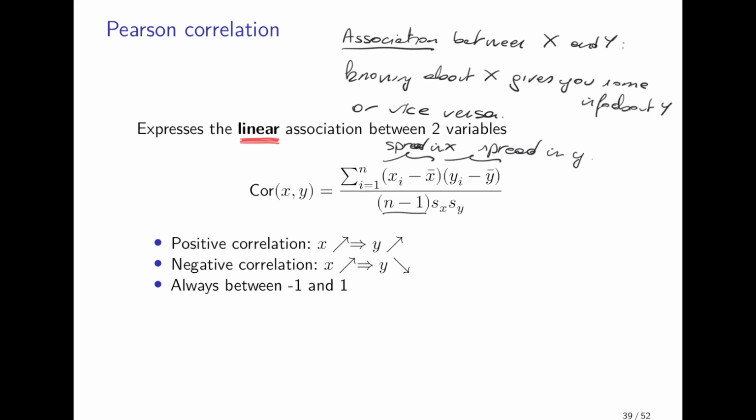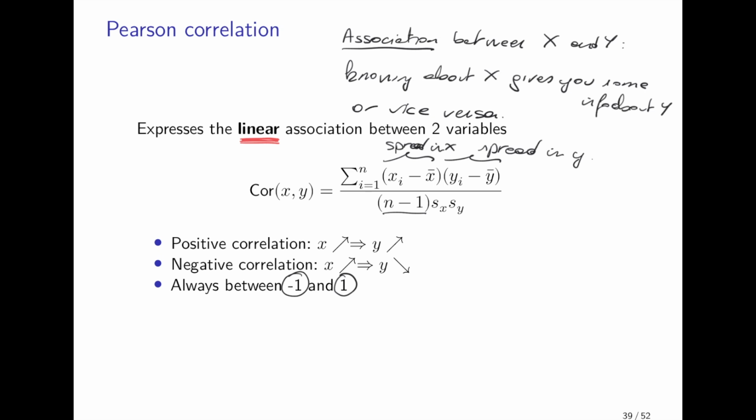And this quantity has a number of attractive properties. Let's start with the last one here. Correlation is always between -1 and +1. And it is like that because of this division by standard deviation of x times standard deviation of y.